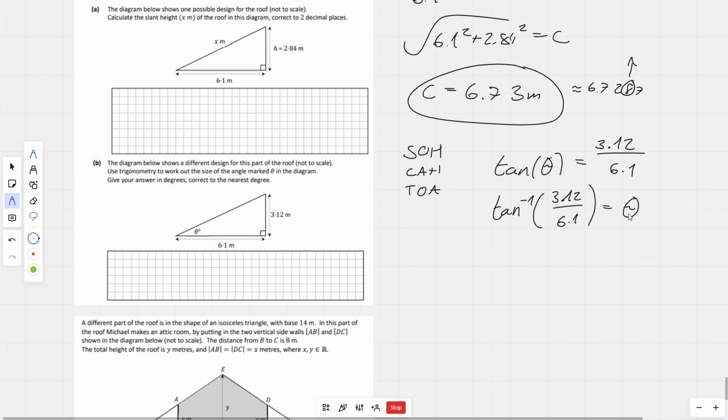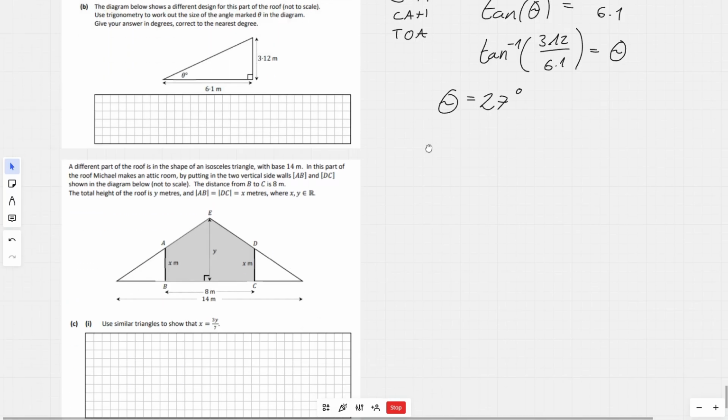And now to get theta, all I have to do is use my calculator and fill in what we have written on the page. So that will give us, correct to the nearest degree, 27 degrees. So make sure to try this on a calculator and make sure that you know where to find all of the buttons. So tan minus 1 on a Casio calculator is done by pressing shift and then tan.